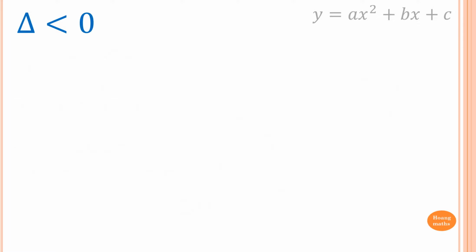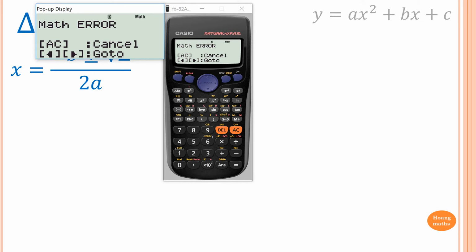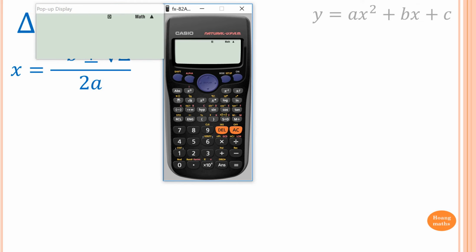Now, what happens when the discriminant is less than 0? When the discriminant is less than 0, this equation will not work. You know why? Because you cannot take the square root of a negative number.